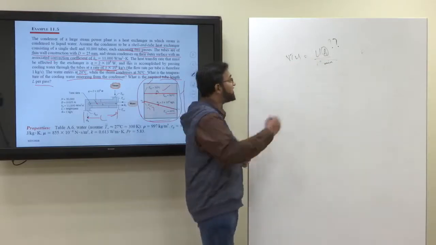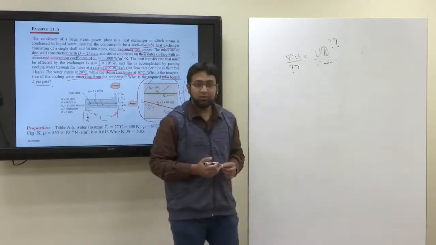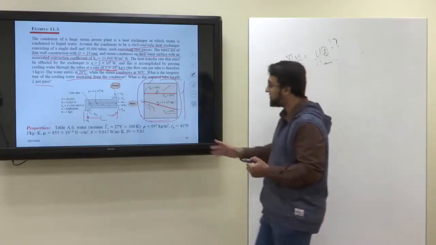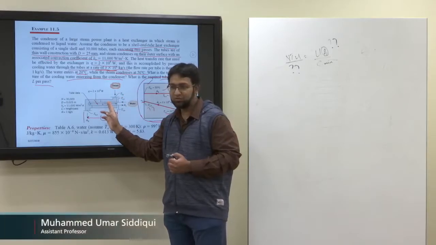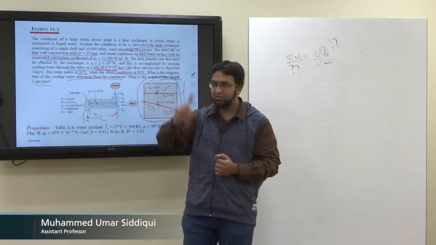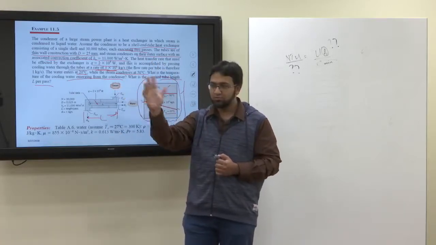But in order to find NTU, how would we find NTU? Since this is a single shell, 2 tube passes, shell and tube heat exchanger, we can use the correlation between NTU and effectiveness, or we can use the graph. Both of them are okay.